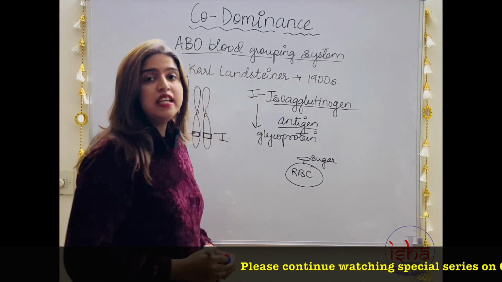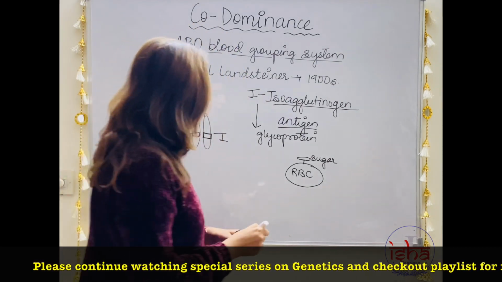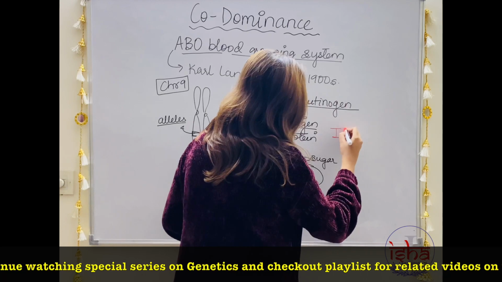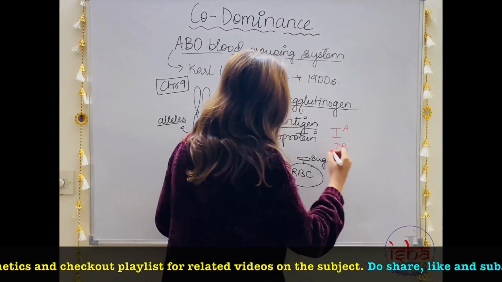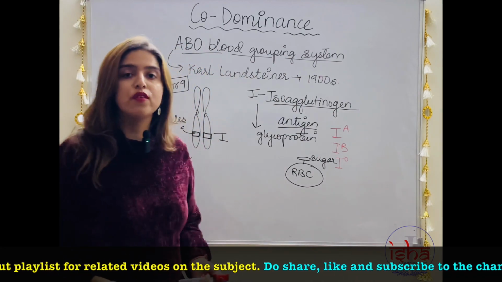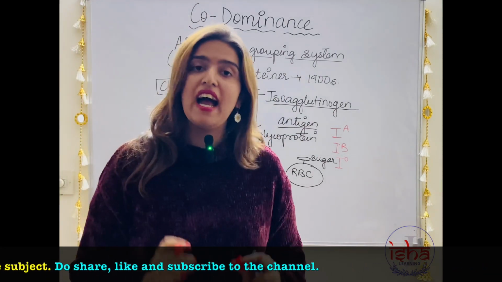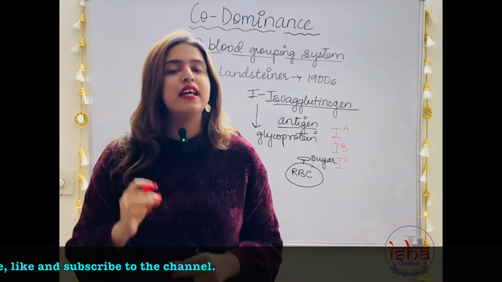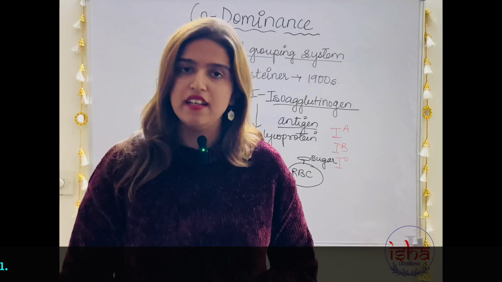Now there are 3 different alleles of the I gene: IA, IB and IO. Alleles represent alternate forms of the same gene. They're all going to produce these antigens, but there's going to be a slight variation in the structure of these antigens.